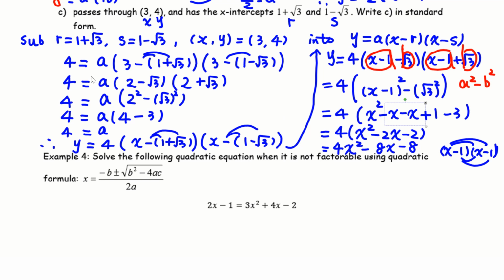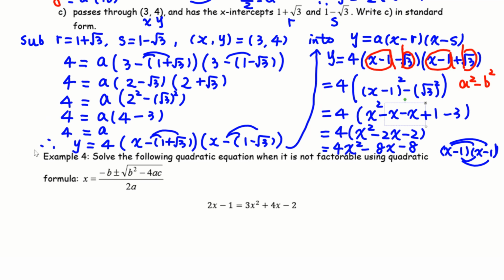So this is how to use given information to find the equation, and this is very useful when you have a certain set of data. If you have 3 points, then you are able to find the equation of that quadratic, and by having that equation you are able to predict. It doesn't matter what x value, you are able to find the y value, or given a y value, you are able to solve for the x value.